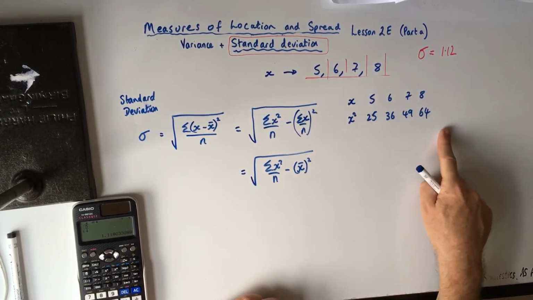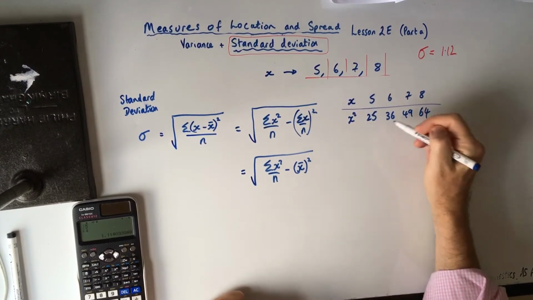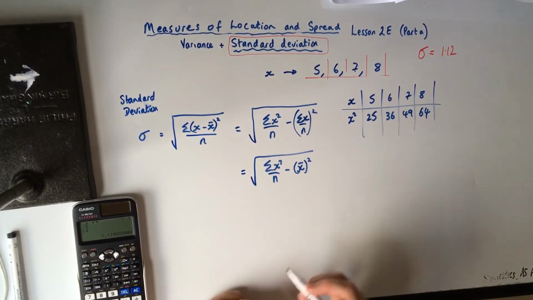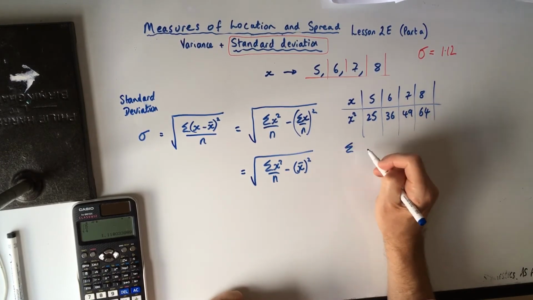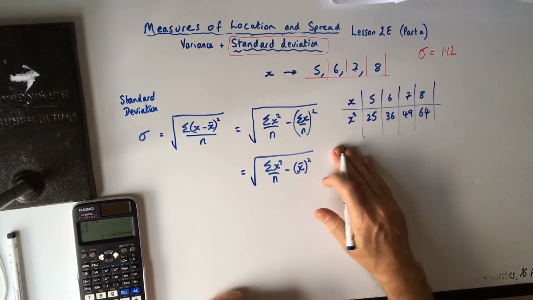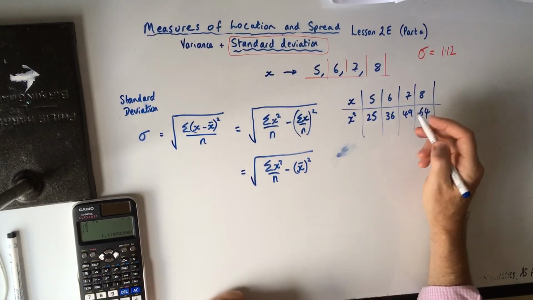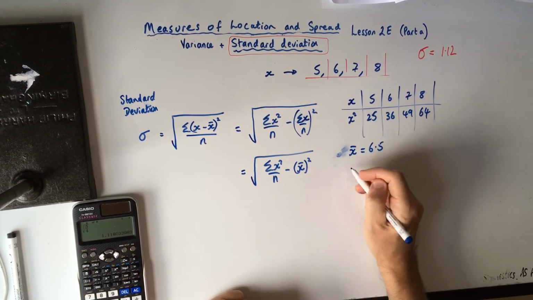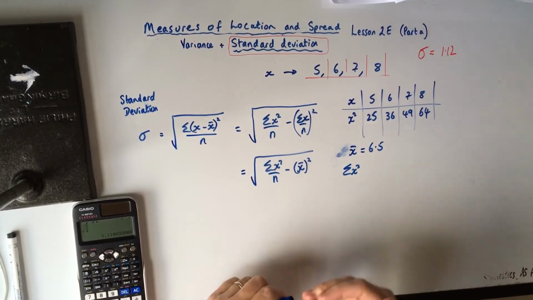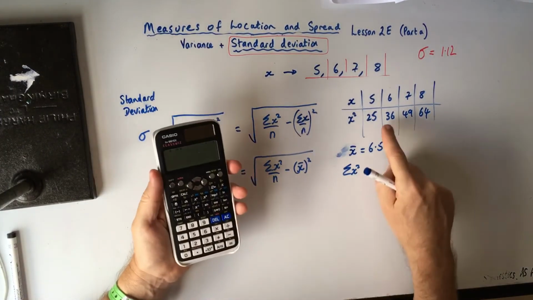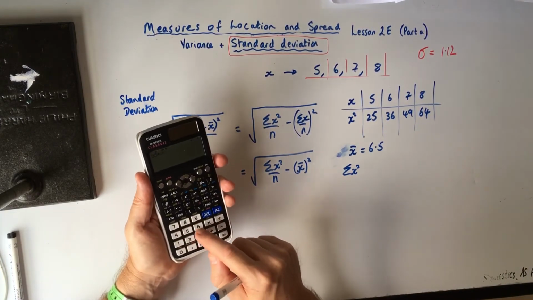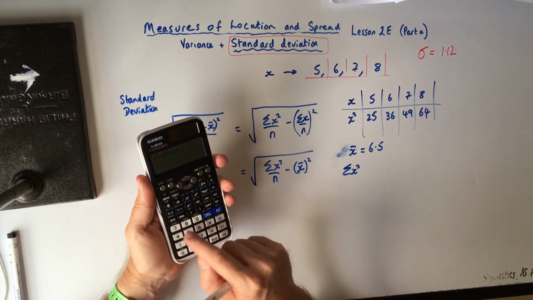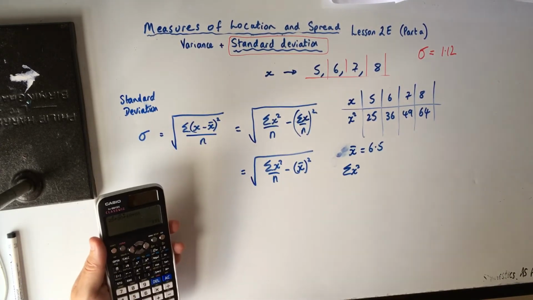You just square all your numbers, so you've got all your numbers squared. And then we want the mean, don't we? We've got the mean, sum of x divided by n, so the mean was 6.5. The sum of x squared is just those numbers added together, so 25 add 36 add 49 add 64 gives you 174.